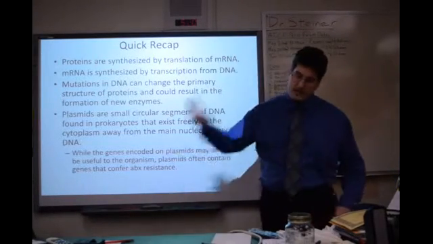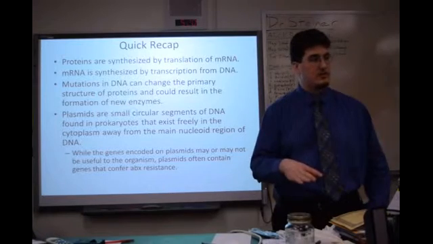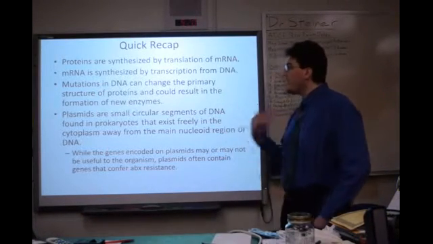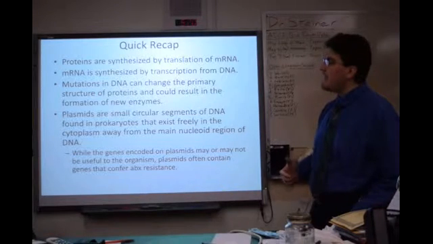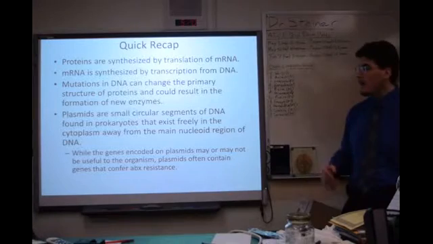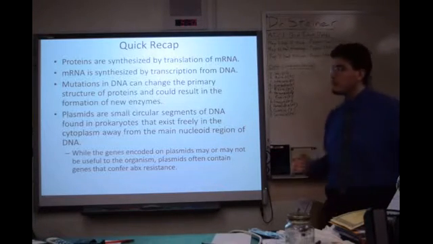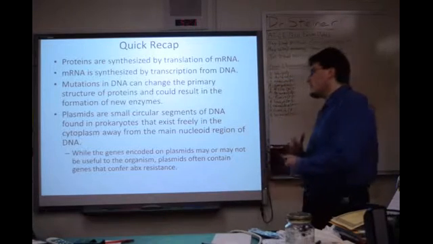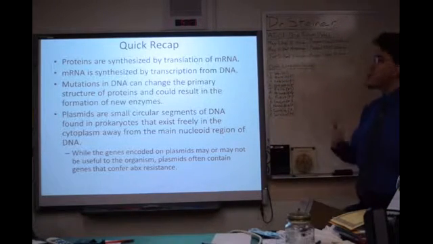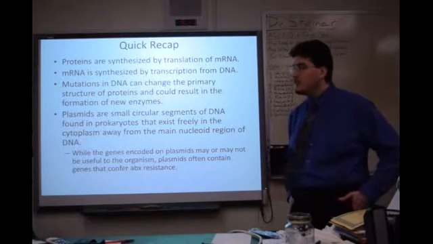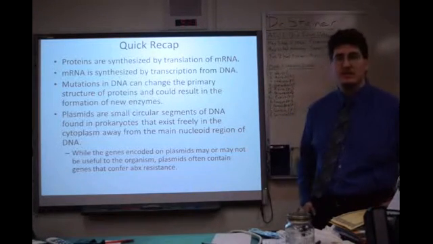So, revisiting plasmids, Unit 2 stuff. Plasmids are small circular segments of DNA found in prokaryotes that can exist freely in the cytoplasm, away from the main nucleoid region of DNA. While genes encoded on plasmids may or may not be useful to the organism, plasmids will often contain genes that confer antibiotic resistance.